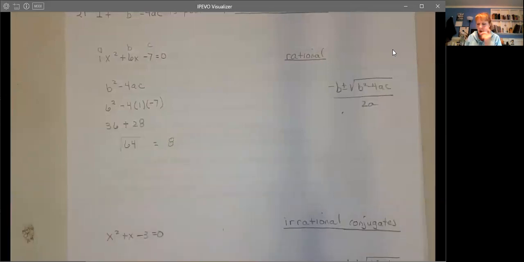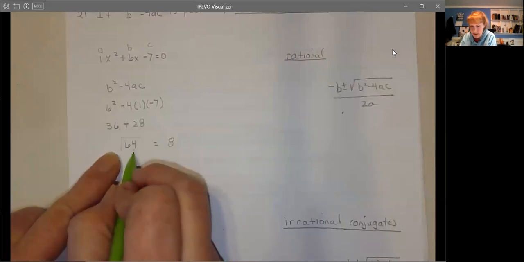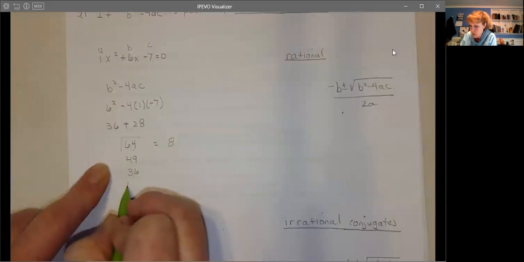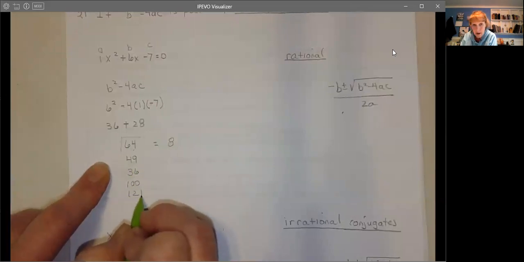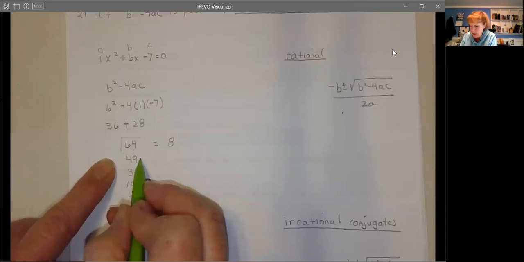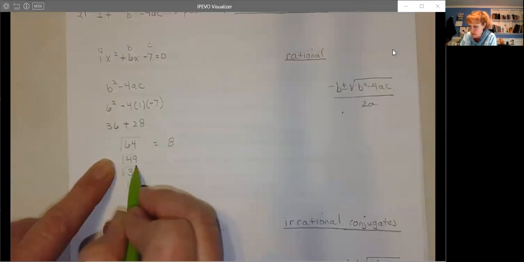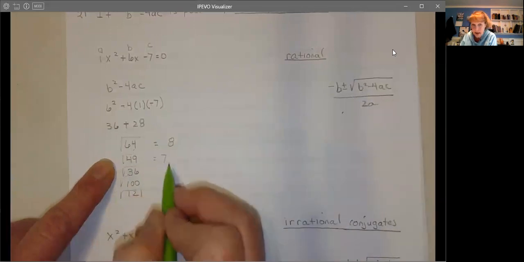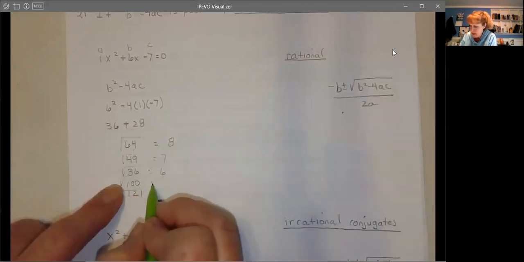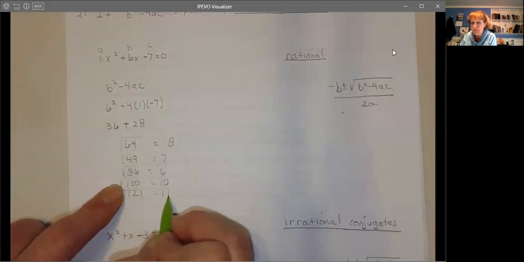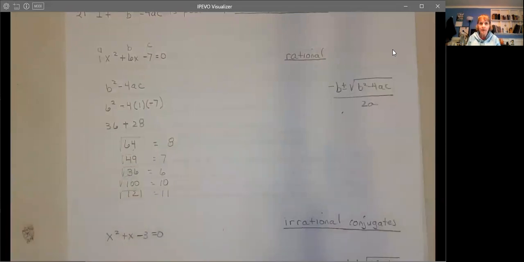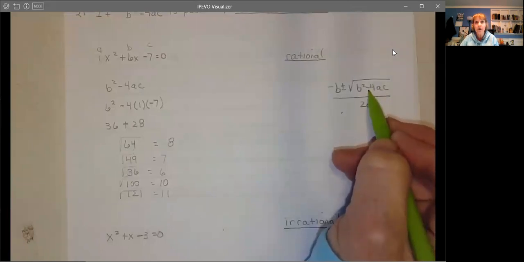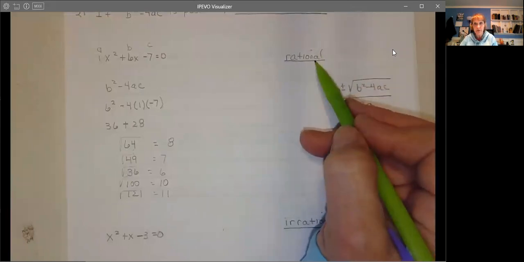So if this is a perfect square, like 64, 49, 36, 100, 121, I can break it down, and when I take the square root in the formula, I get 7, 6, 10, 11. There's no radical, which means that it's a rational number.